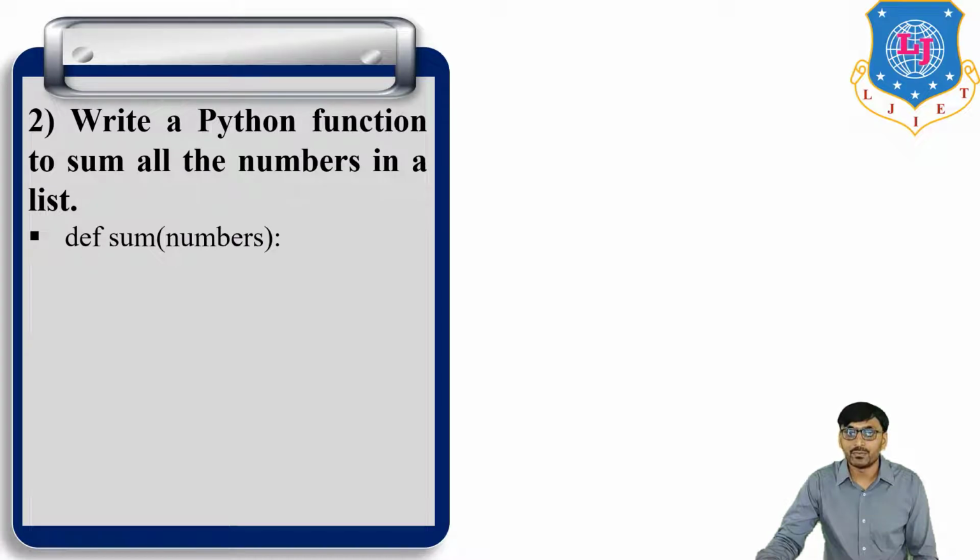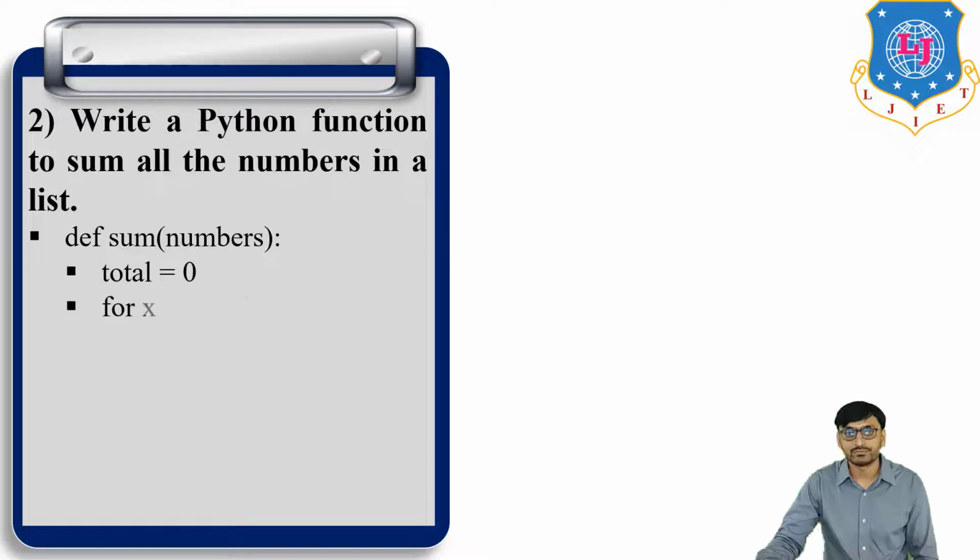Now the second program: write a Python function to sum all the numbers in a list. The first step is def sum(numbers). Here def is a keyword, sum is the function name, and in the parenthesis is numbers. Then inside the function body, total is equal to 0. This is the initial value of total.